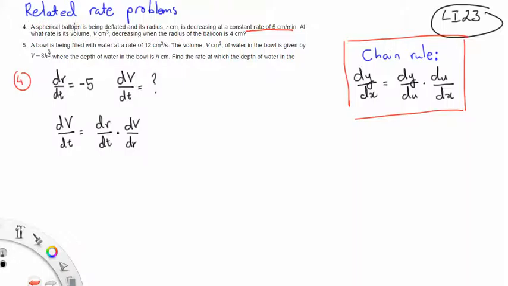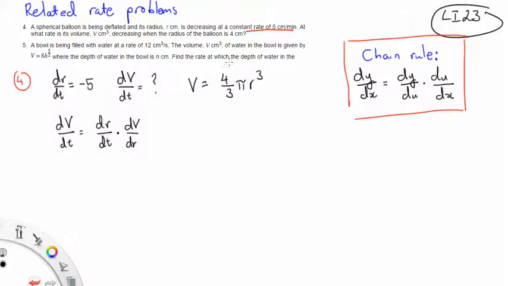It's saying it's spherical. So here's where you need to know your volume formulas or your measurement formulas. So sphere, its volume is given by 4/3 pi r cubed. Well, I've got V in terms of r, but I want dV/dr.